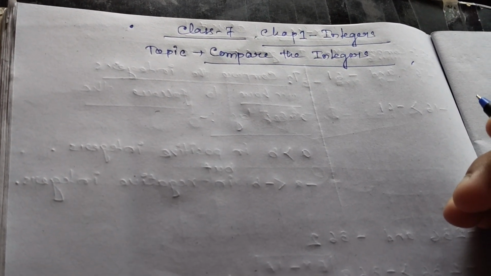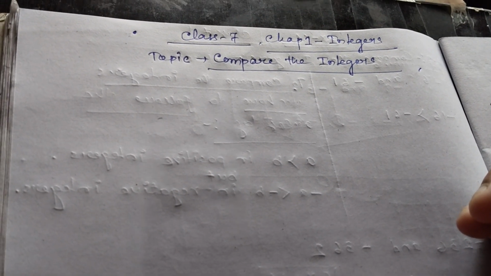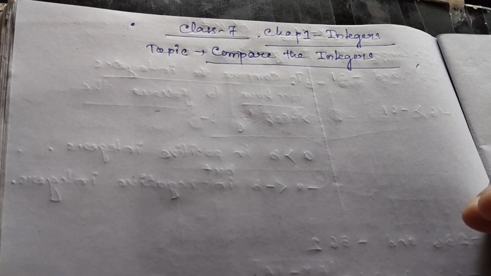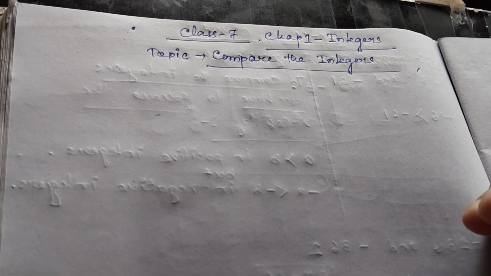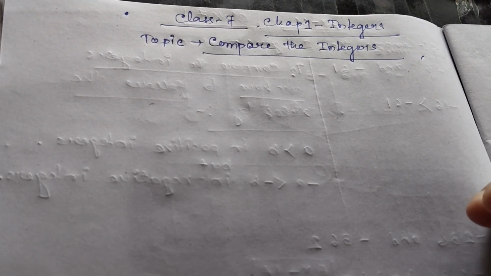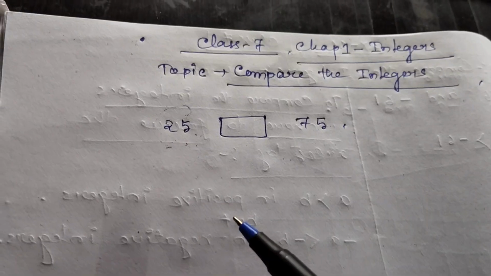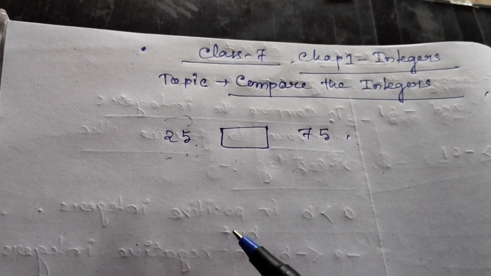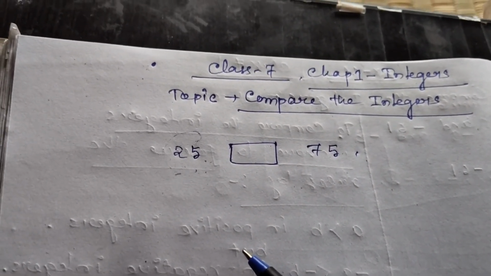Today I will discuss the next part of exercise 1A, which is how to compare between the integers. For comparing the integers we have to follow some rules. So let's take an example. I am taking two integers, 25 and 75.